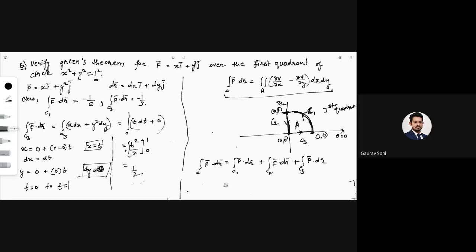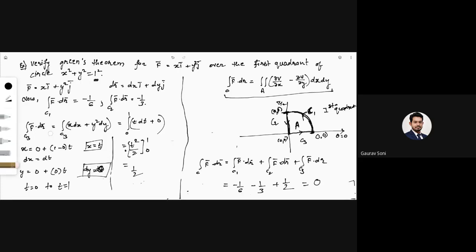What is the first one? Minus 1 by 6. The second one is minus 1 by 3. And over C3 it is plus 1 by 2. So the answer is 0.